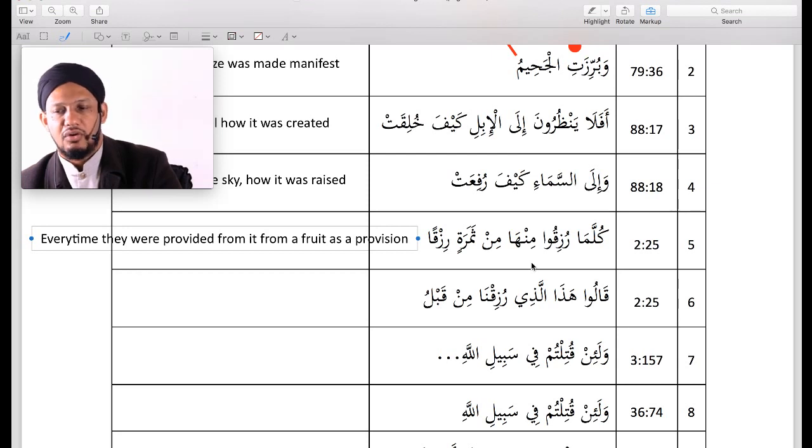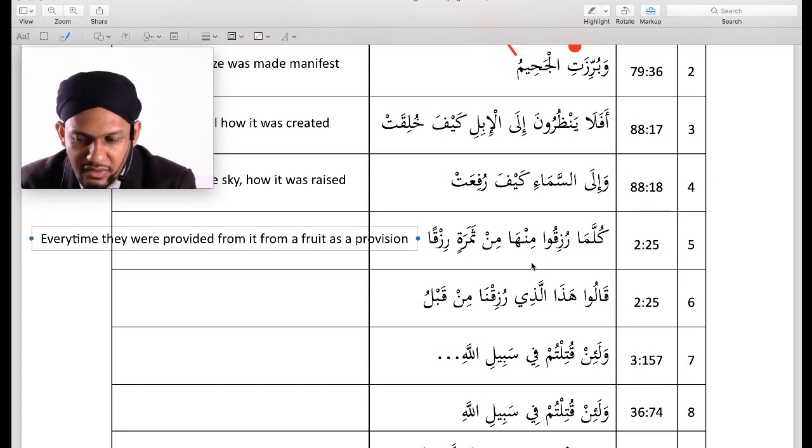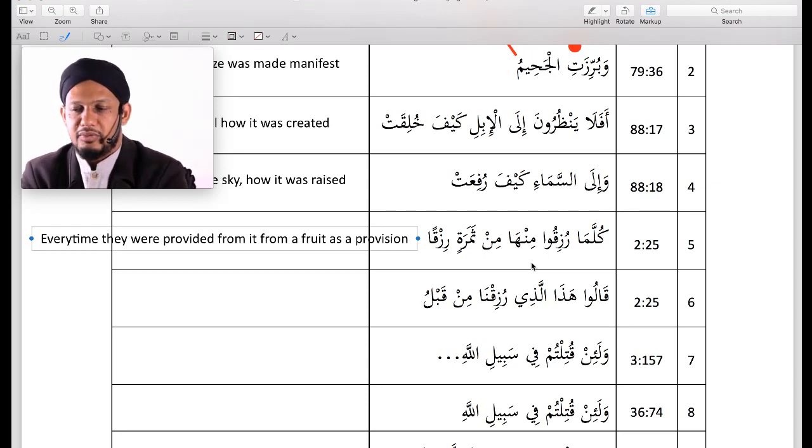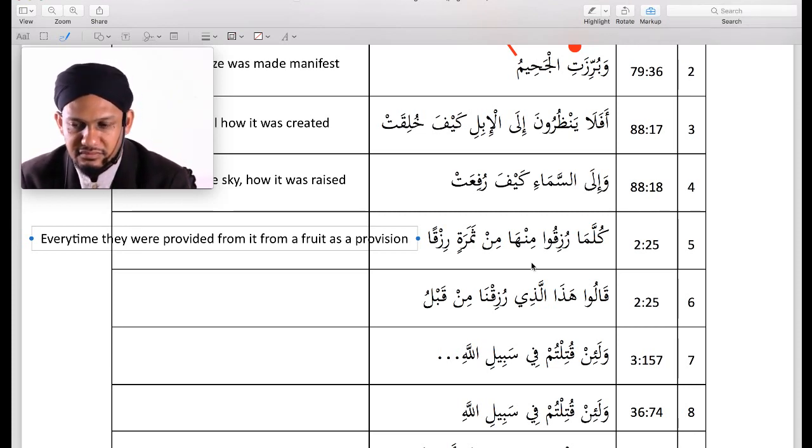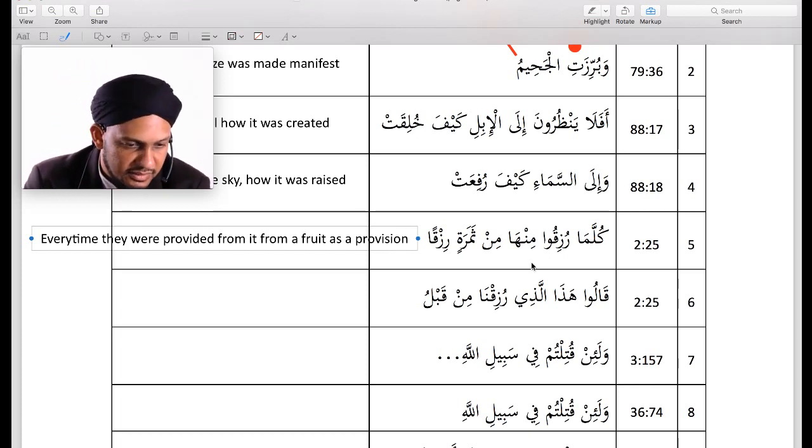Last one we'll do. قالوا هذا الذي رزقنا من قبله. Can someone translate number 6 for me?